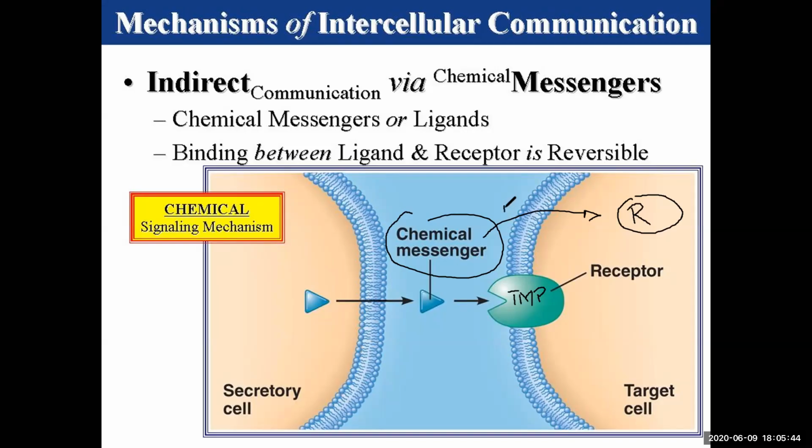So this is for a fat soluble chemical messenger: it goes straight through the cell membrane, and the receptor is in the cytosol, or in the nucleoplasm. So the receptor can be in the cytosol or inside the nucleus for a fat soluble chemical messenger. But for the water soluble chemical messenger, the receptor is required to be located at the cell/plasma membrane.